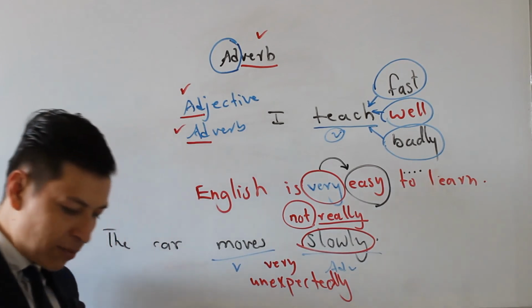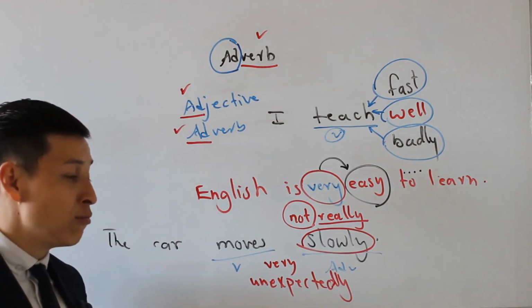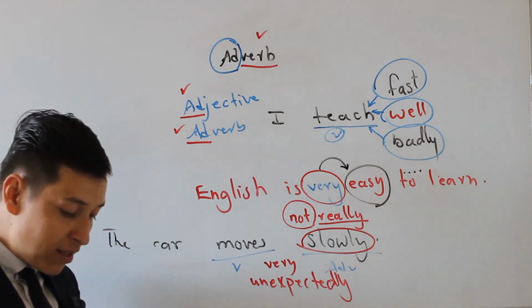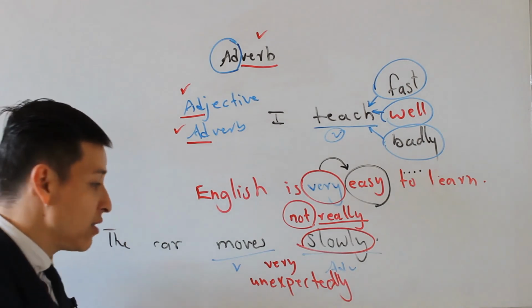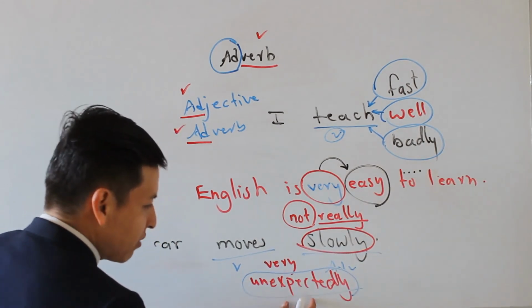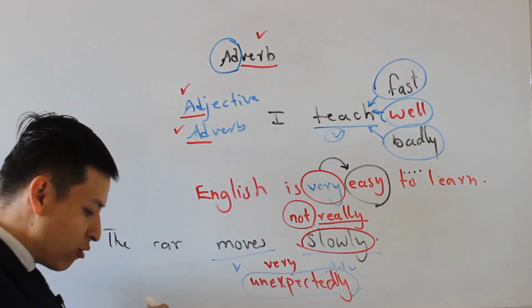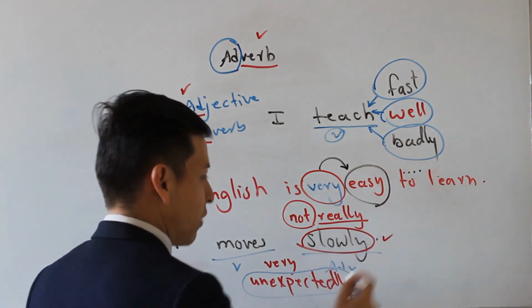It means you have never expected how the car should move slow, but you say unexpectedly it's moving slowly. Unexpectedly, it means that you did not expect the speed of the car, but unfortunately it is moving unexpectedly slowly. So unexpectedly or very is giving more information about what? It is giving more information about slowly.